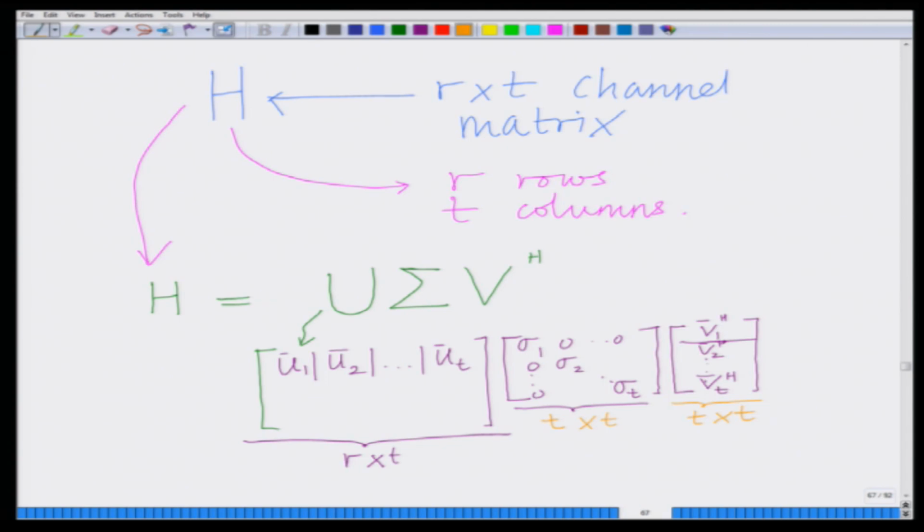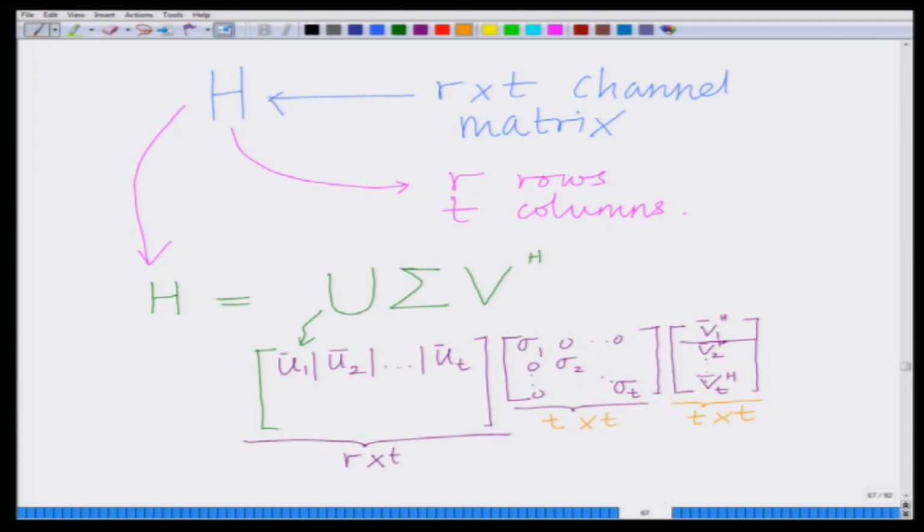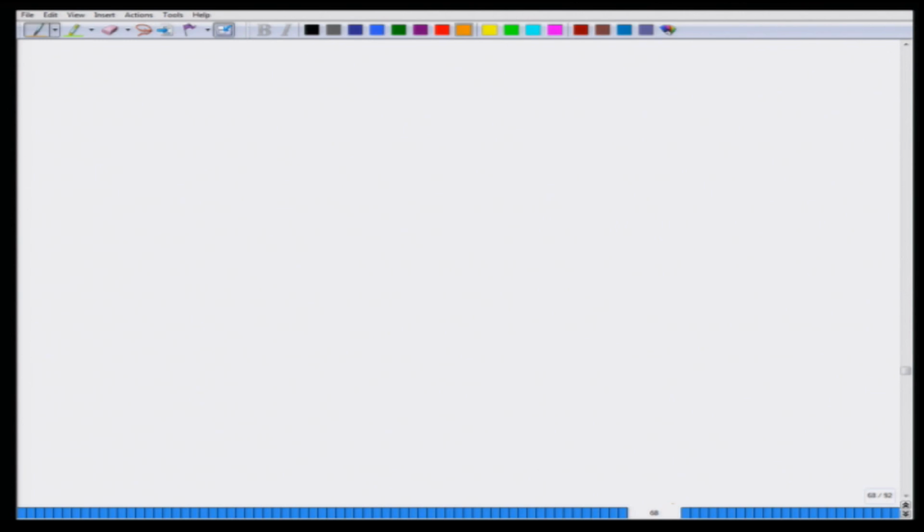So I am decomposing this as a product of three matrices: U, which is an R cross T matrix and contains T columns u1 bar, u2 bar, uT bar; a diagonal matrix sigma of the singular values sigma 1, sigma 2, sigma T; and a matrix V Hermitian which contains T rows v1 bar Hermitian, v2 bar Hermitian, so on up to vT bar Hermitian. And the properties of the different matrices are as follows.